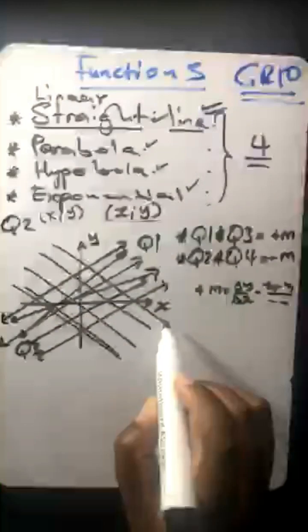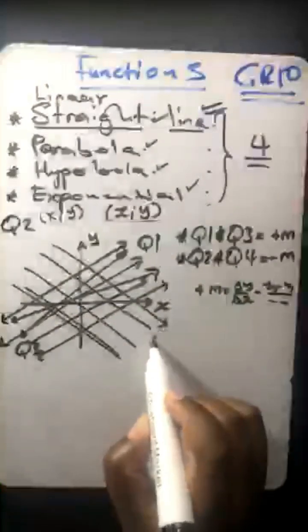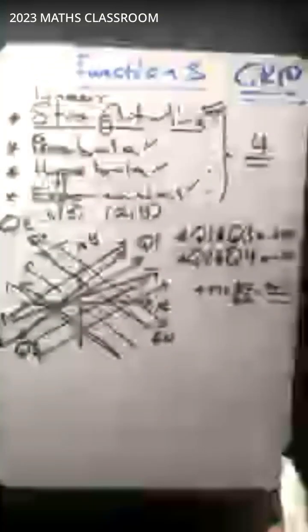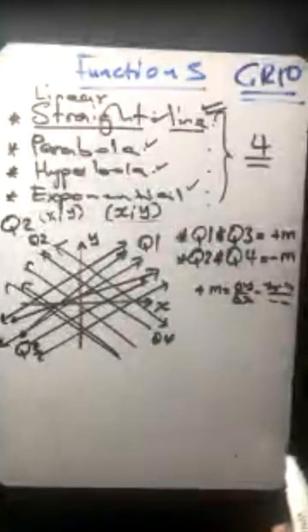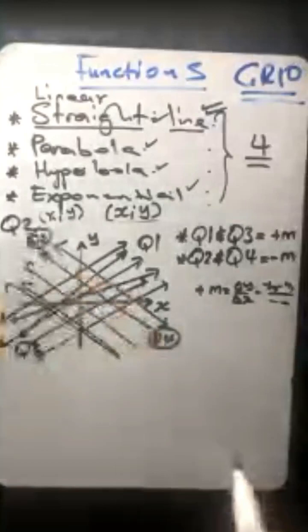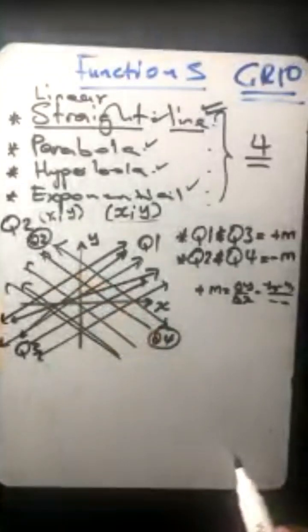But all these lines will always have a negative gradient because they end in Q4 and Q2. So always, when you are dealing with a straight line and you notice it ends in that quadrant and that quadrant, just know or expect a negative gradient.